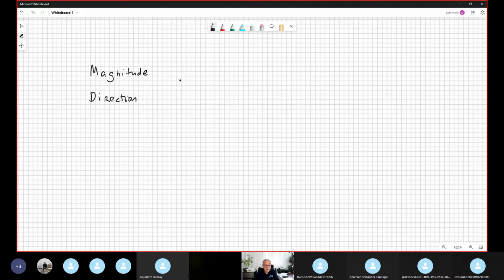And you can represent it like an arrow, no? It's important. You have a tail and an arrow. The length of this arrow is the magnitude. And the direction, well, the direction we can represent in different ways.